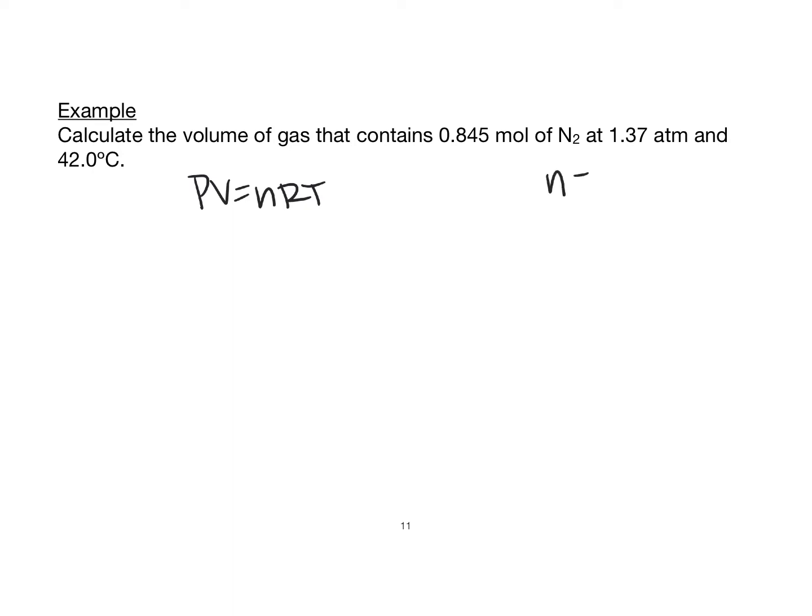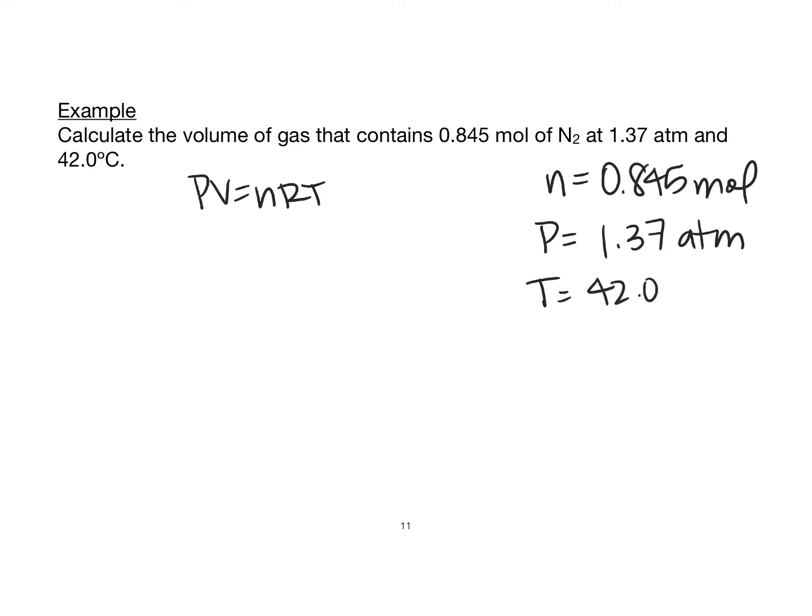We know that n equals 0.845 moles, and P equals 1.37 atmospheres, and T equals 42.0 degrees Celsius plus 273.15 is going to be equal to 315.2 Kelvin. So we are also looking for volume, and that equals question mark.